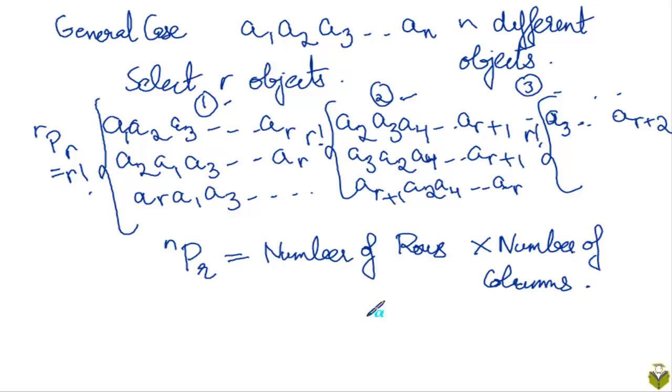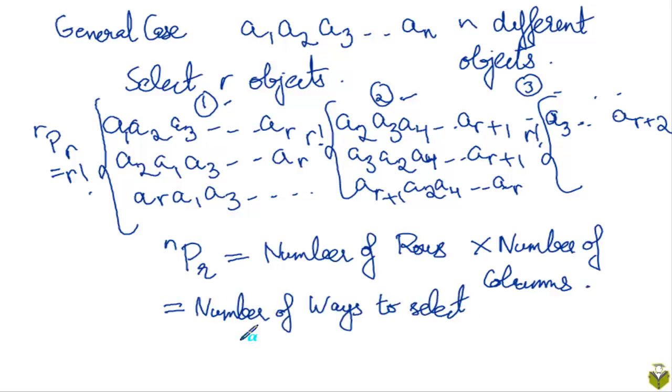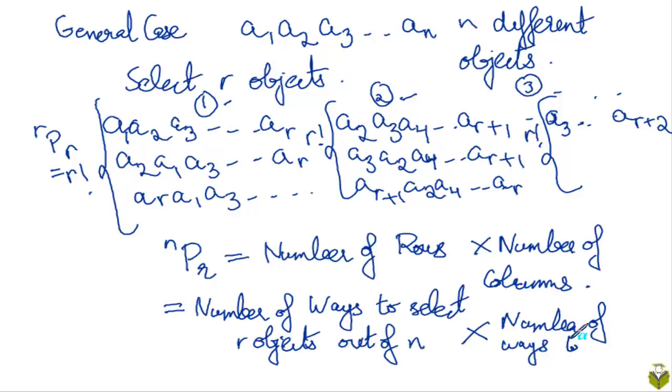So the number of rows you have are the selections. So I can also call the number of rows the number of ways to select R objects out of n, and the number of columns the number of ways to arrange R objects.